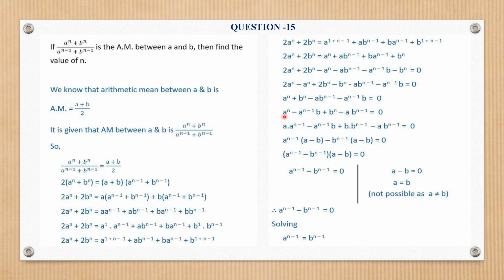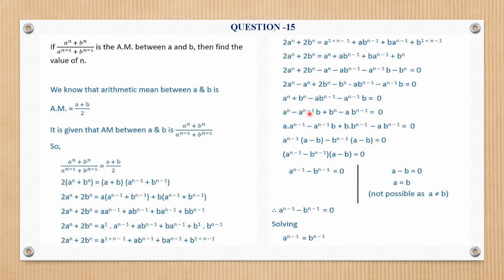Can I write this a^n as we have done previously also? This a^n was written as a^(1 + n - 1), and here it was b^1 into b^(n-1). So the same thing we have done here. This can be written as a into a^(n-1).